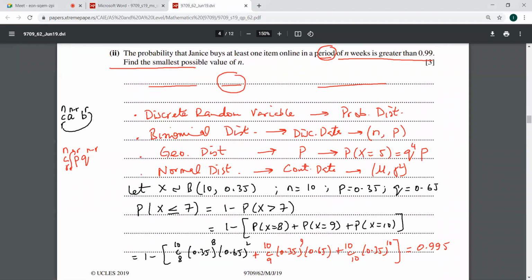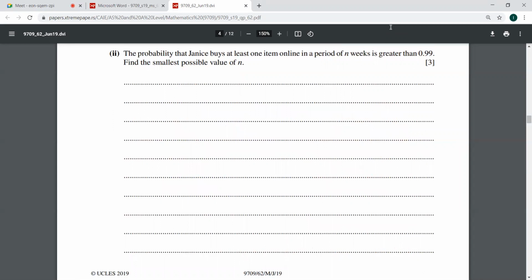Okay, it says the probability that Janice buys at least one item online in a period of n weeks, another binomial, is greater than 0.99. So the probability X is at least 1 is greater than 0.99.